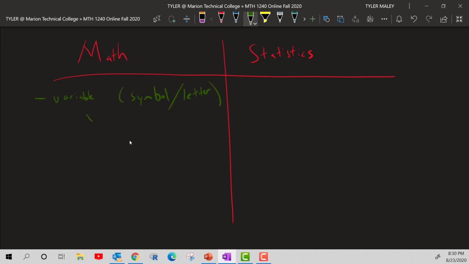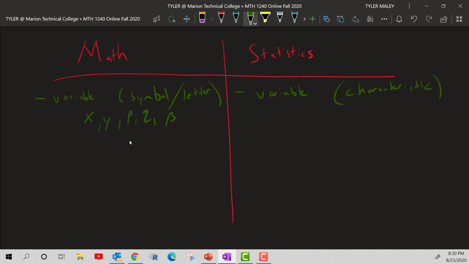Right? So for example, X, Y, P, Q, and so forth. Or we might even use Greek symbols, right? Beta could be a variable. And then in statistics, we said that a variable is essentially like a characteristic, right?